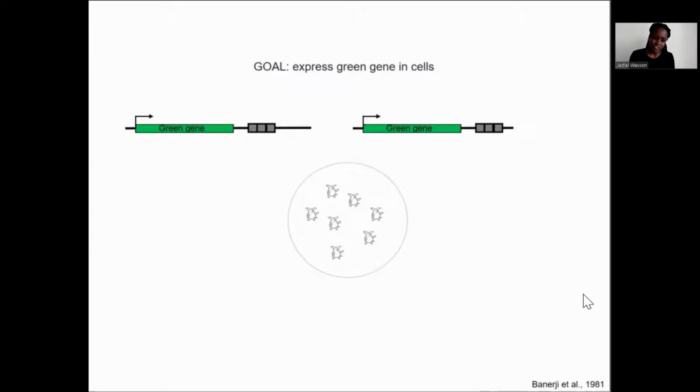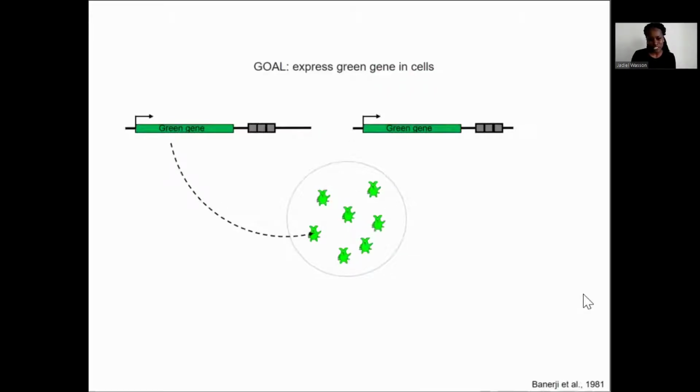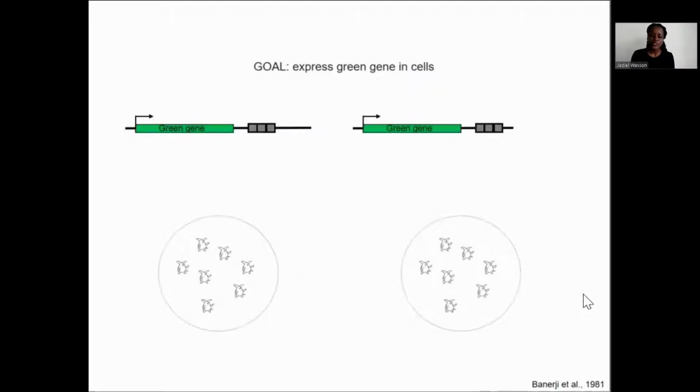To study the regulation of this green gene, what they first wanted to do was introduce it into mammalian cells in order to get the expression of this green gene. To do this, they placed the green gene into two very similar vectors in order to introduce them into cells. However, by happenstance, one of these vectors included a small piece of viral DNA.